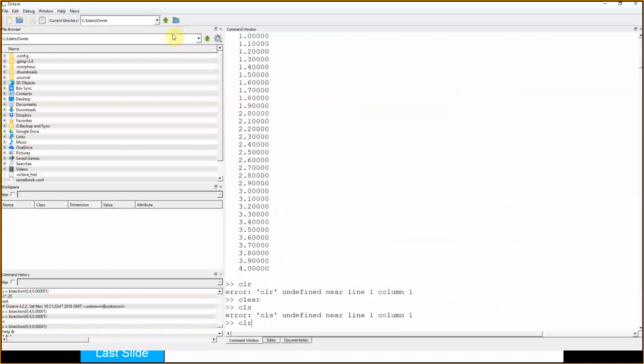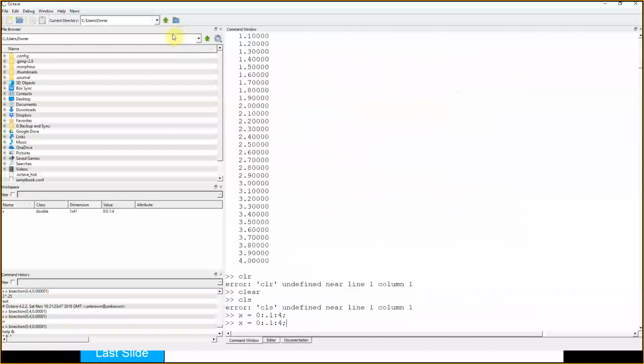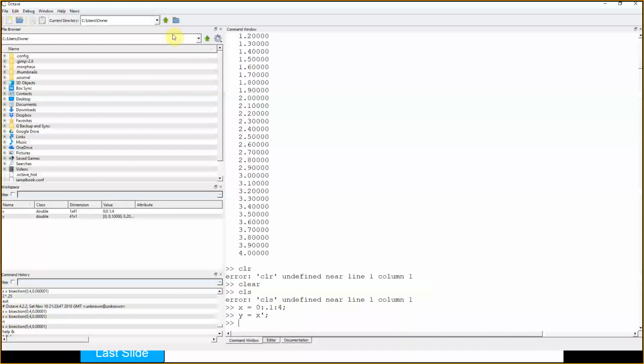X is that. Y the same thing. And now I'm going to say Z is equal to X squared, but because I want it to do it this way, do it like that.